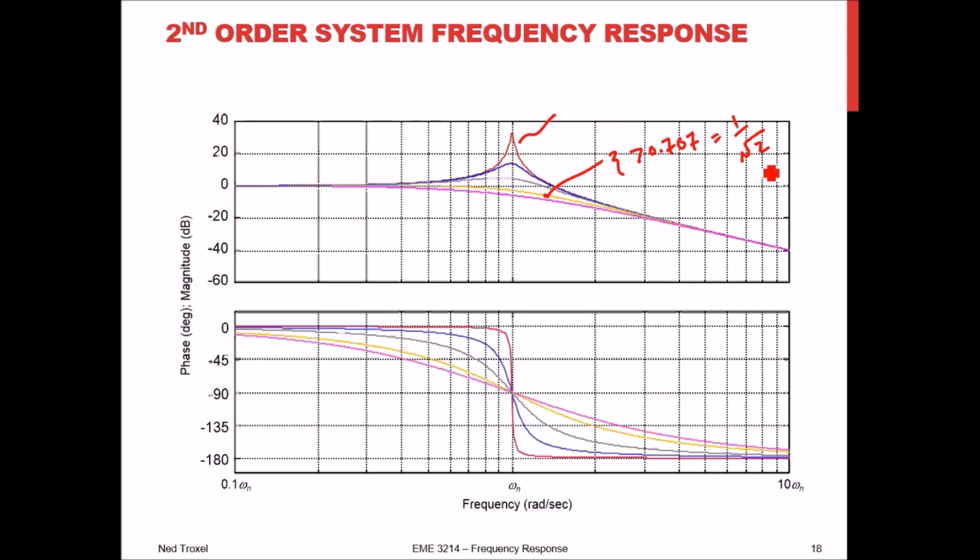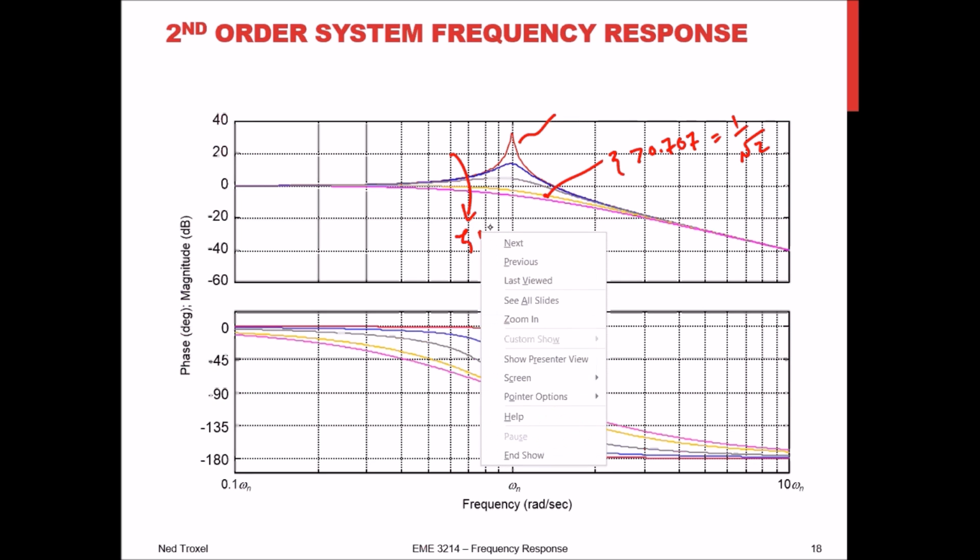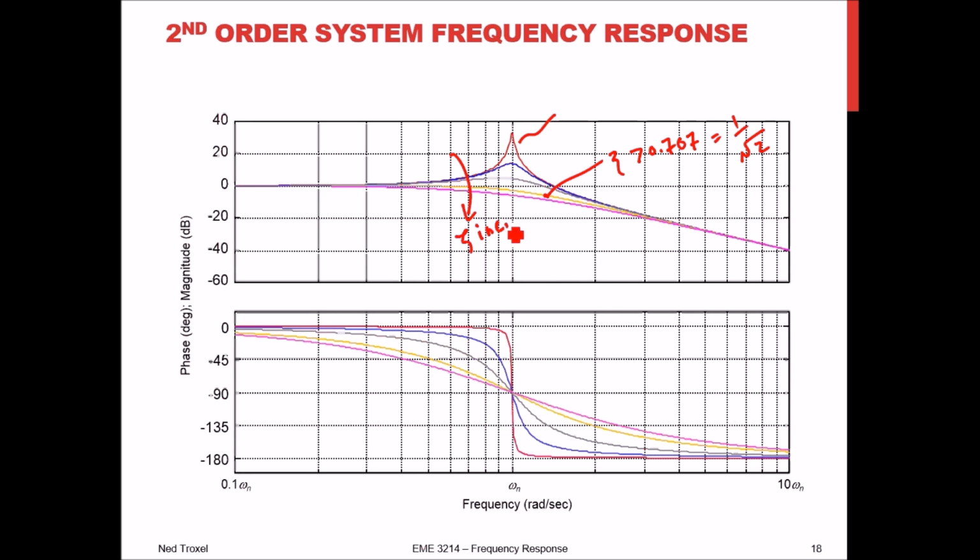All right, so this is zeta increasing from nearly 0 for the top plot, high peak for low zeta, and no peak for zeta greater than this.